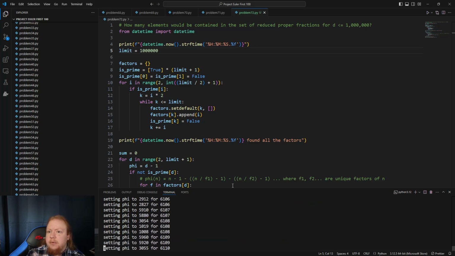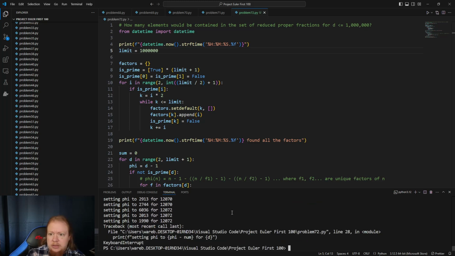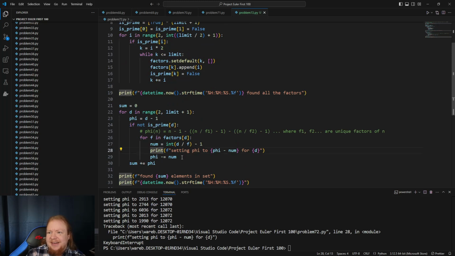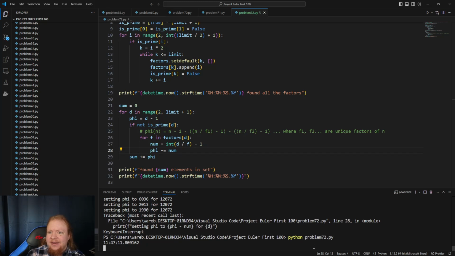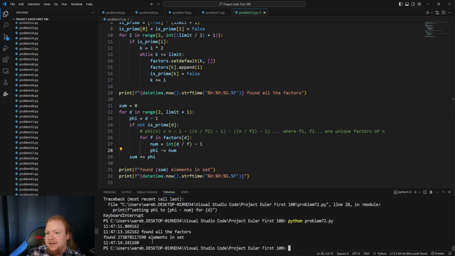Now, okay, stop that. We don't want that print statement in there. Okay, so that ran in a total of about 3 seconds.